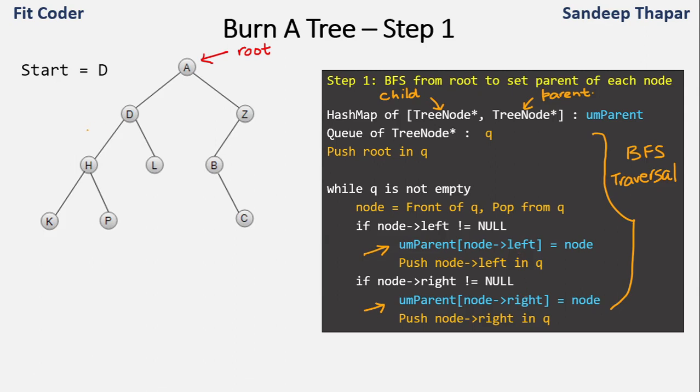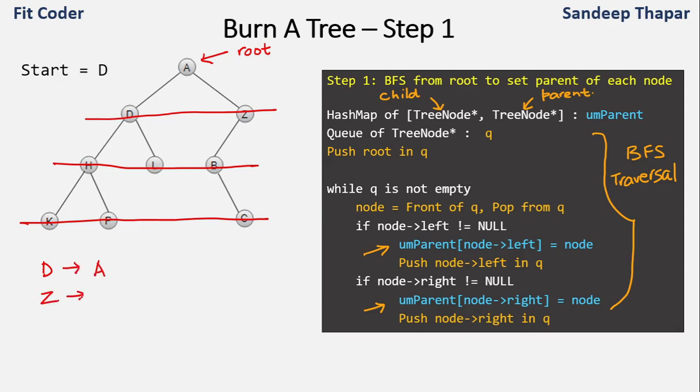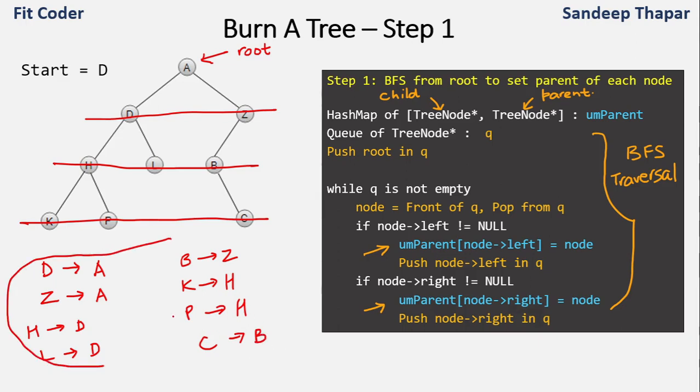As we know, in the BFS traversal, we traverse level by level. So when we are at D, we can find out that the parent of D is A. Parent of Z is also A, parent of H is D, L is D, parent of B is Z, K is H, parent of P is also H, and parent of C is also P. So all these entries will be present in this map, which is basically parent.